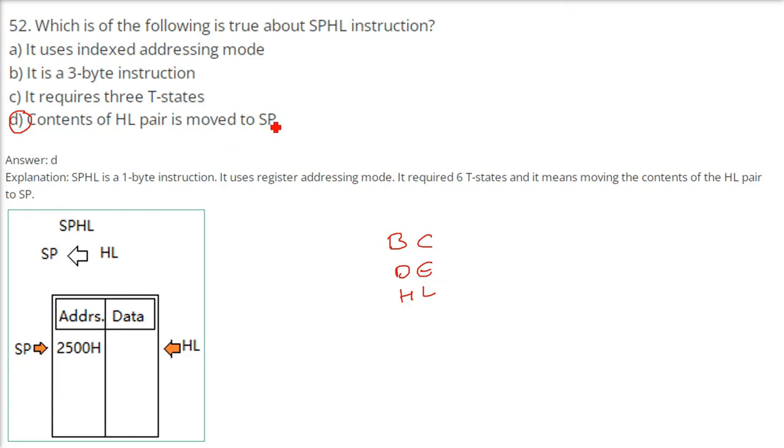So SPHL is basically a 1 byte instruction. It uses register addressing mode. It requires 6 T states. It means moving the contents of the HL pair to the SP, that is the stack pointer. HL to stack pointer.